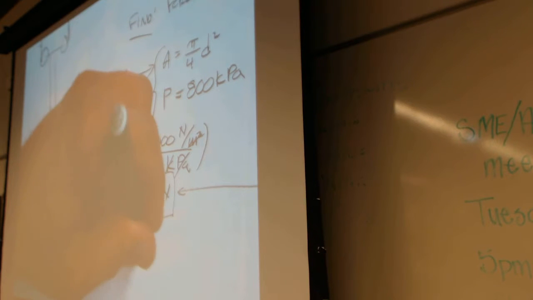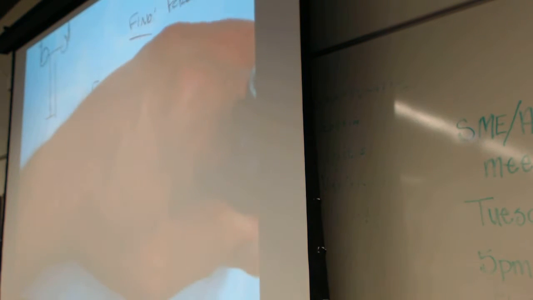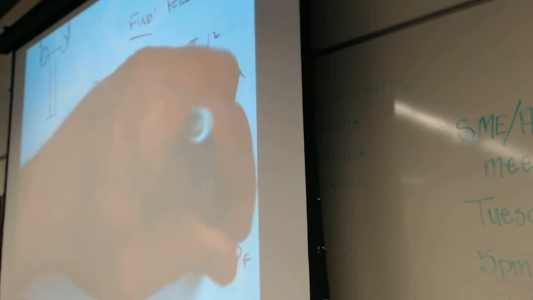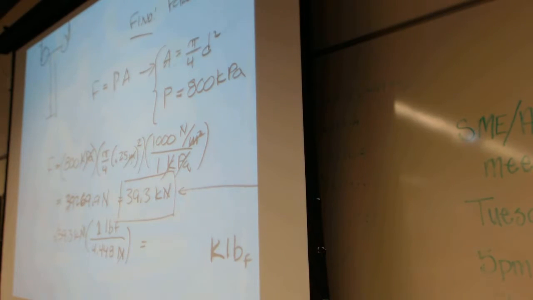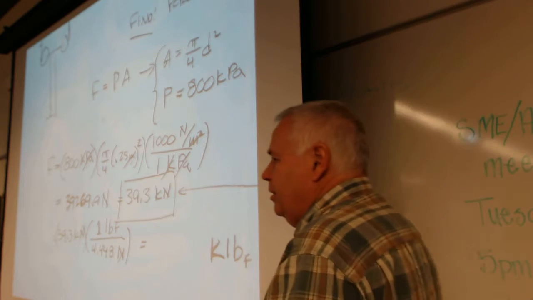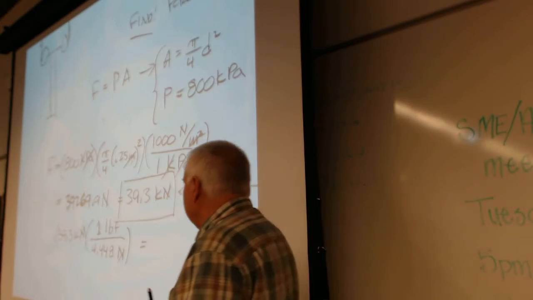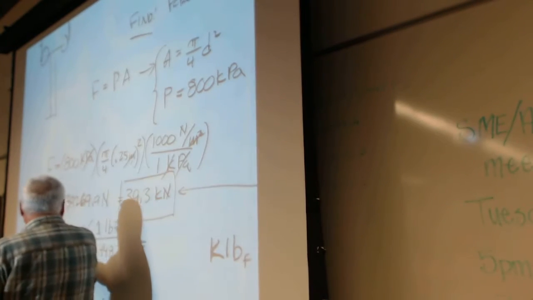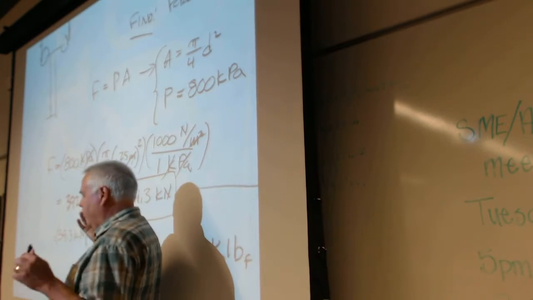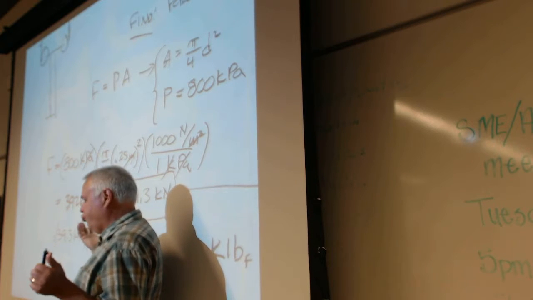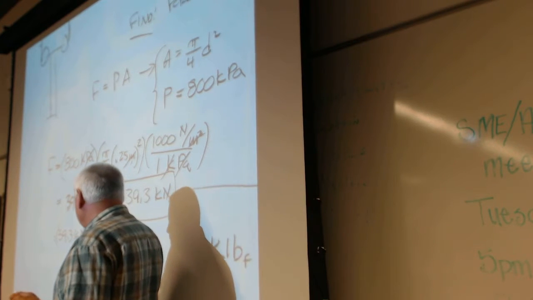That leaves us, we're going to keep with the kilo. We didn't make the kilo go away. Thousands of pounds of force. So we'll divide that by 4. It's going to be something like 8 or 9. We got almost 40 divided by over 4, so it's going to be like 8,000.